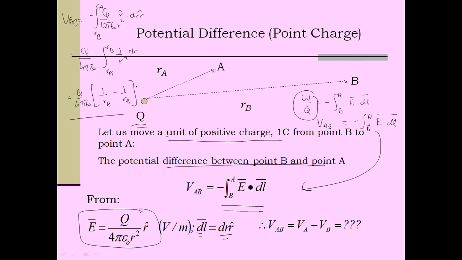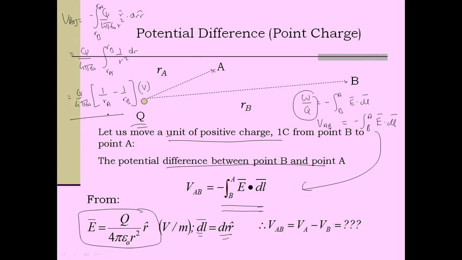So that is the potential difference between 2 points: VAB equals Q over 4 pi epsilon naught times 1 over RA minus 1 over RB, in which B is the initial point and A is the end point.